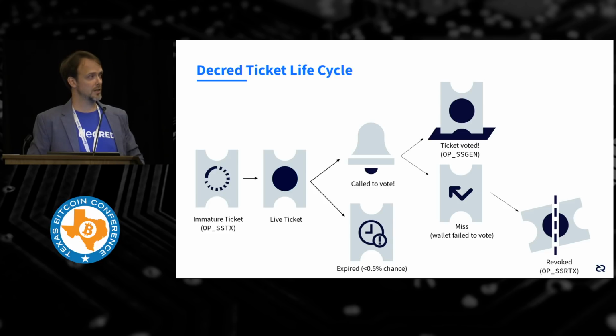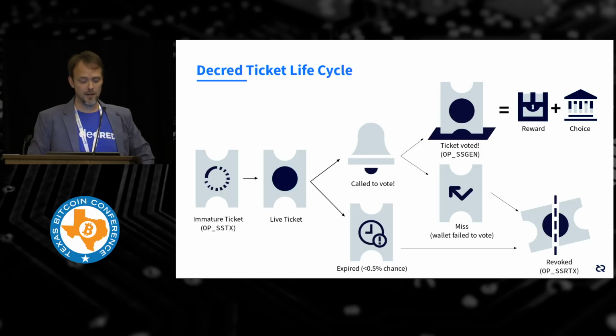There is also a small chance, less than 0.5%, that the ticket will not be called to vote over a period of 40,960 blocks, which is very small, but it can happen, and those end up with a revocation too. So the point is, it's close to a guarantee that you're going to vote, but it's not a guarantee. And as I said, the reward for voting is the reward in terms of coins, and then getting to make a choice and take part in the governance.